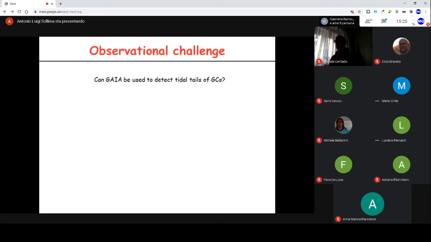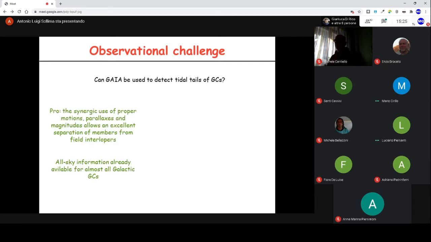Can we use Gaia for this purpose? Of course, Gaia has advantages and disadvantages. The main advantage is that you increase the dimensionality of the parameter space, because you don't have just the position, the color and magnitude, like in any photometric study, but you also have the motions and the parallaxes.